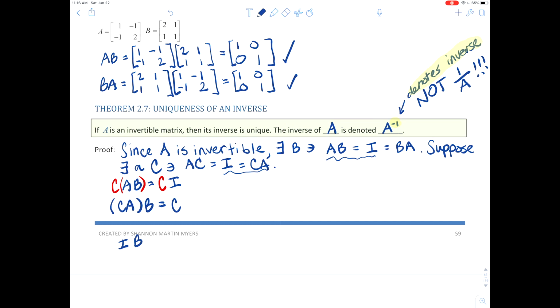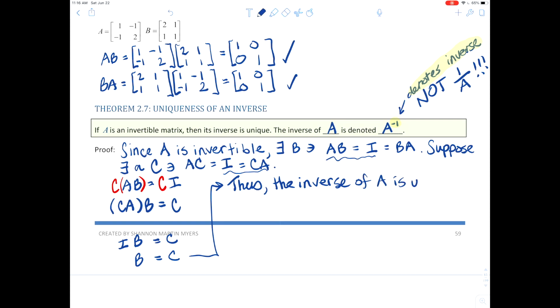And then we'll have the identity matrix times B is equal to C. And then what do we get? B is equal to C. So we have shown thus the inverse of A is unique. We tried to find another one out there, and we found out it was the one that followed from the premise.